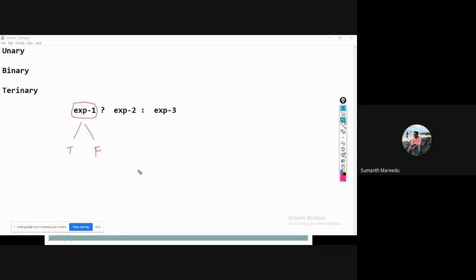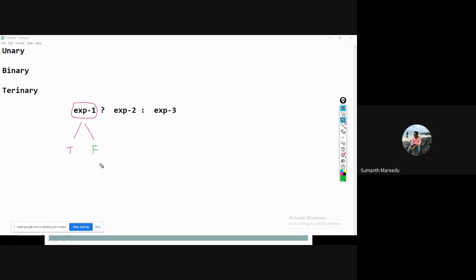The value of this expression is considered as true or false. When it is considered as true or false, when this is true, okay, so this expression might be considered as true or false.